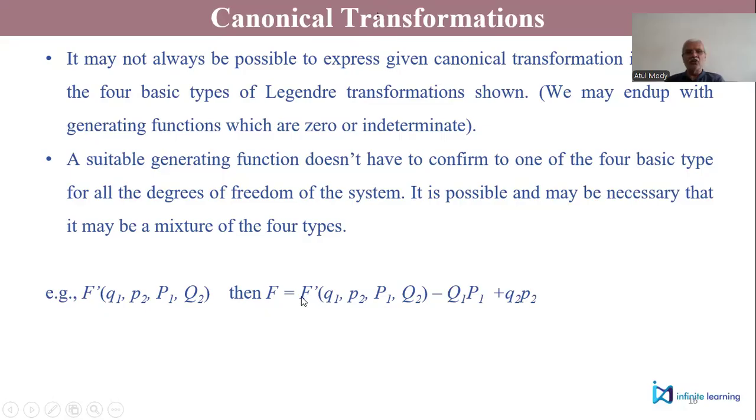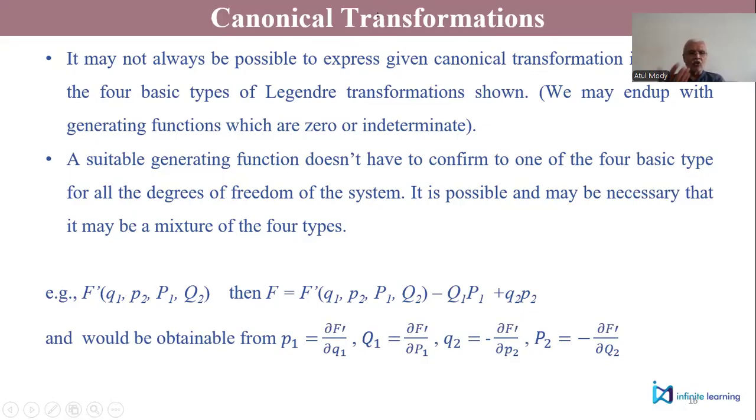So in that case, your generating function has to be of the type shown here, and it would have corresponding equations which obey what you see on your screen. Small p1 is dou F dash by dou q1, small q1 of course. Capital Q1 is dou F dash by dou capital P1. Small q2 is minus dou F dash by dou p2, and capital P2 is minus dou F dash by dou capital Q2, with of course the standard relation.